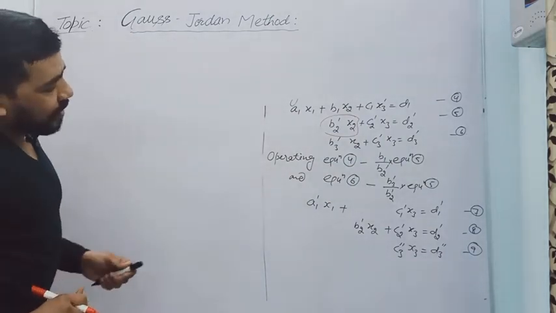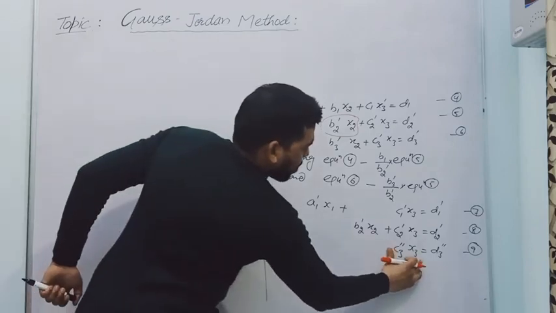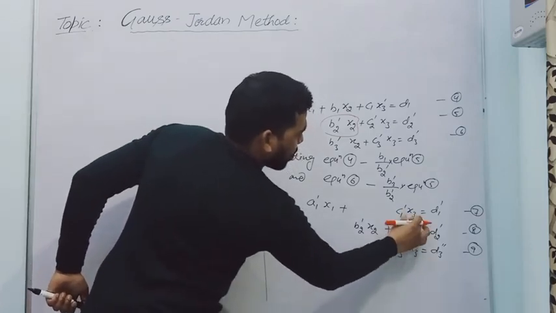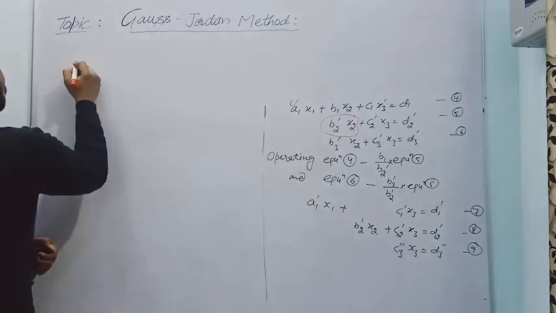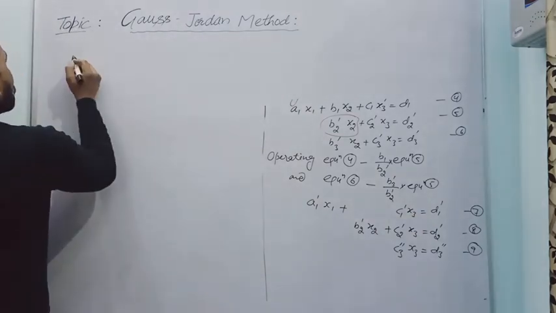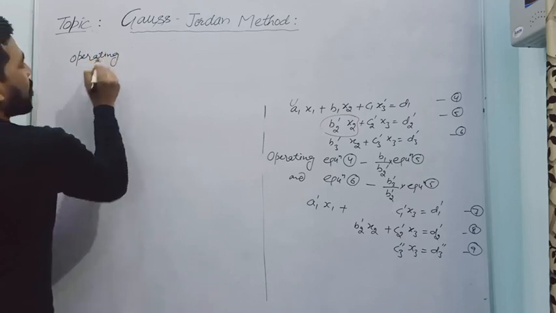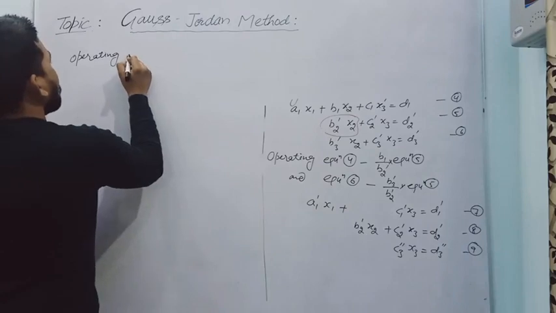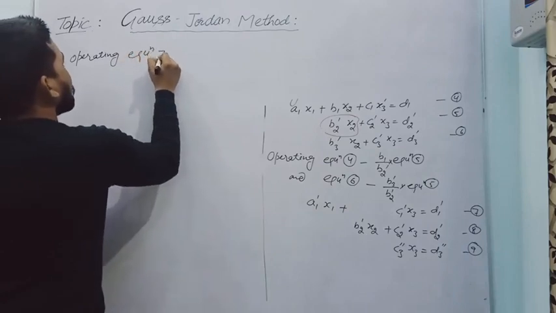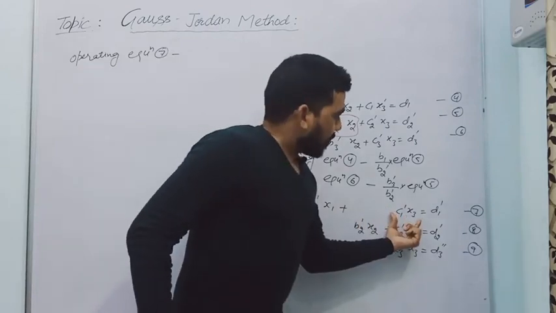So what I will do here, you can check that by using equation number 9 you have to eliminate x3 from equation numbers 7 and 8. So how will it be done? We are doing the row operation. Equation number 7 minus, how to eliminate this x3?